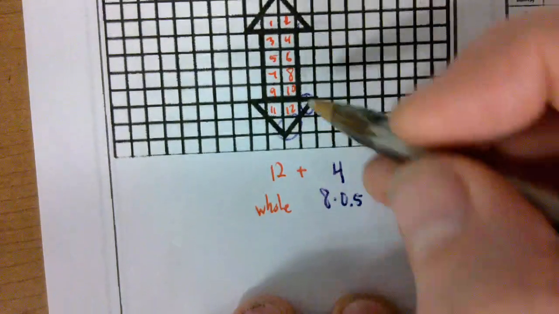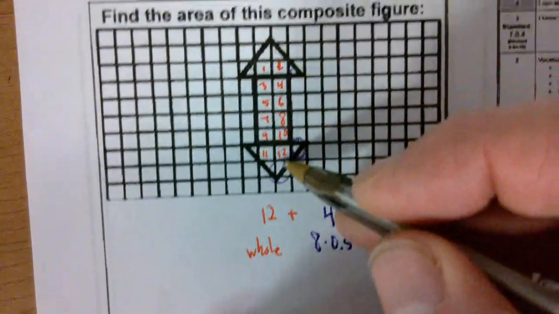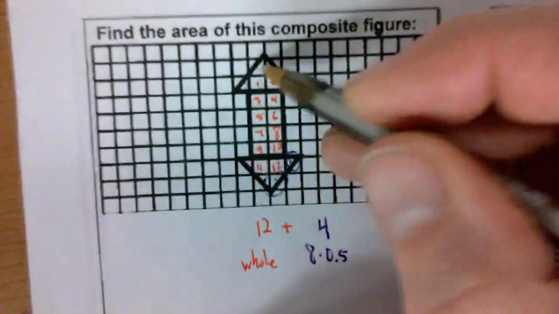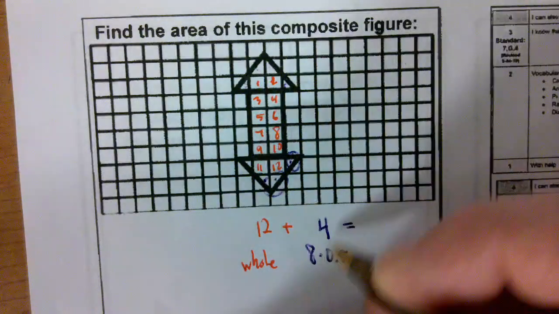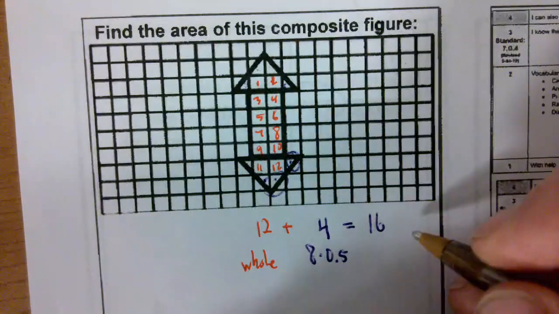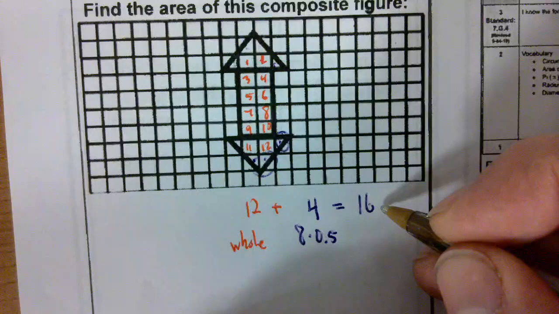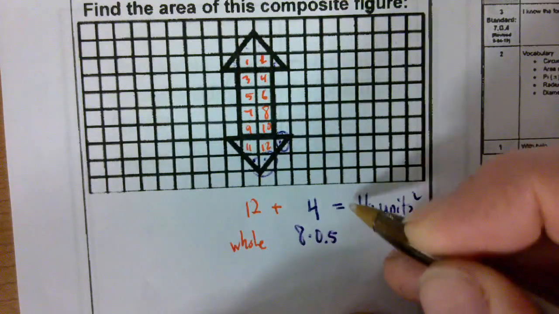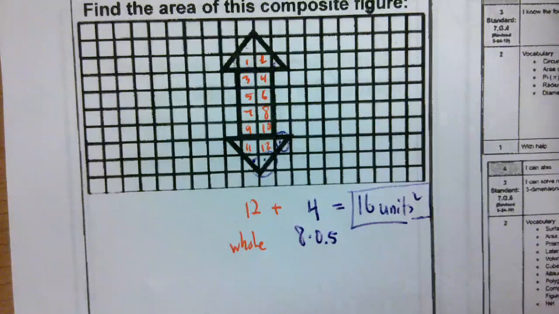So when we add up all the whole spots, the whole boxes, that's 12 of them, when we add up all 8 of these halves, that gets us 16 full boxes, or in this case, we're going to call it units squared.